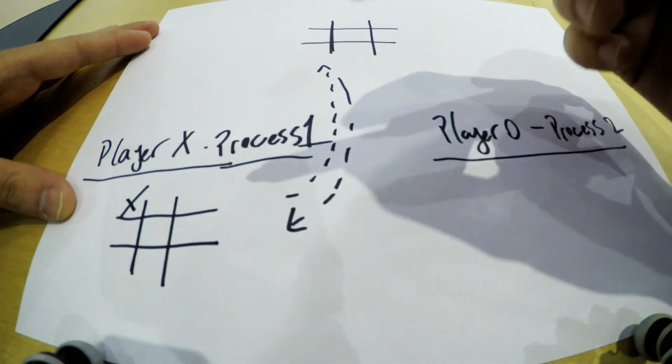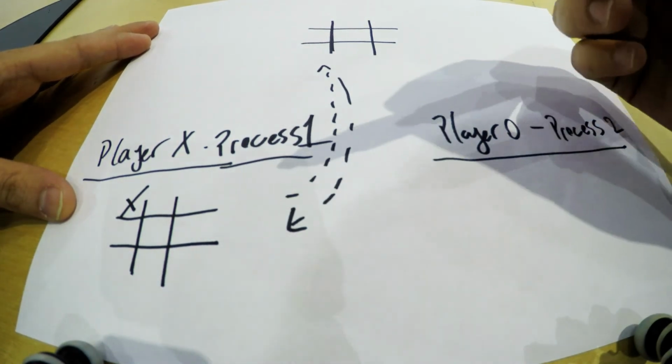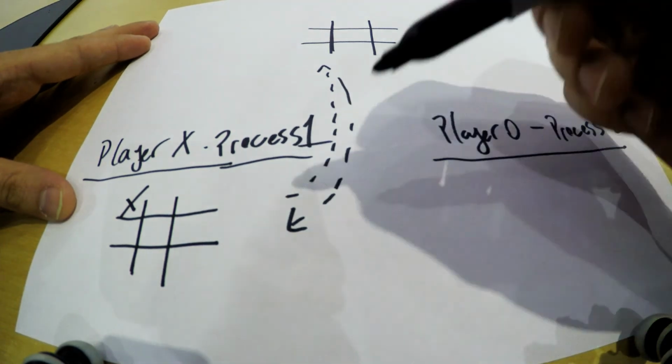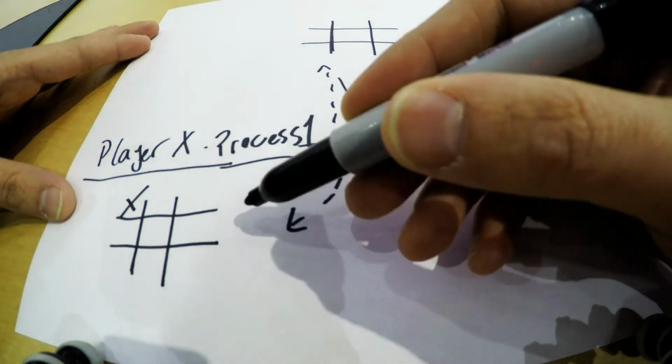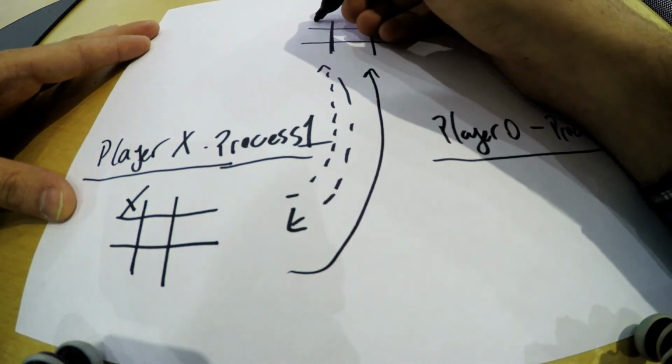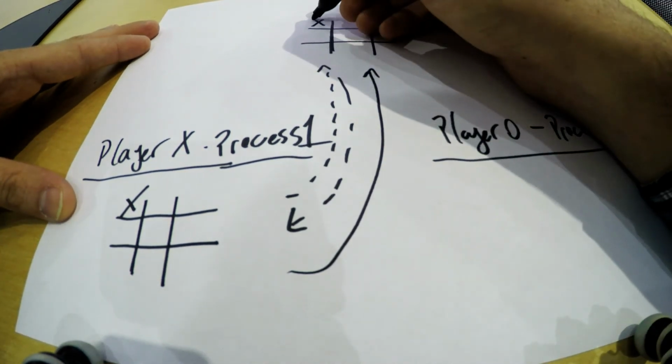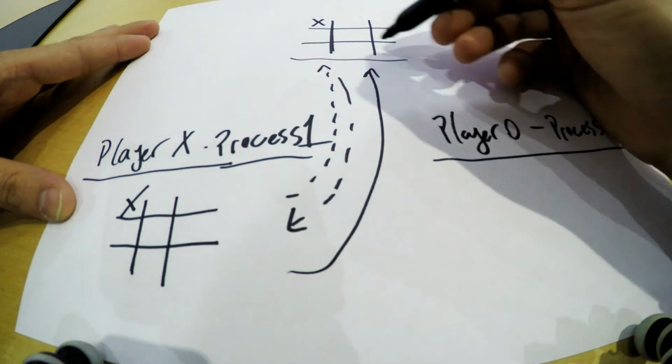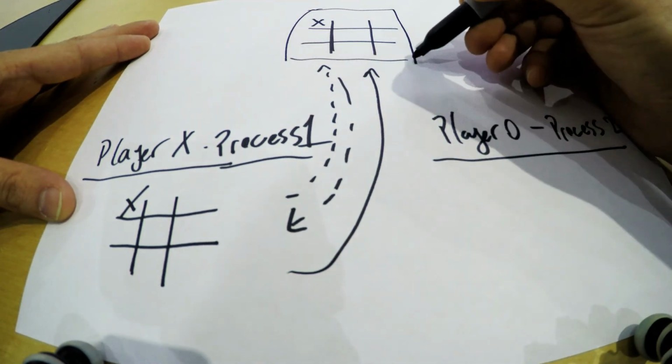Only player X has access to it. And only once process 1 is done would it update this table with X. Okay? And then this is the updated version.